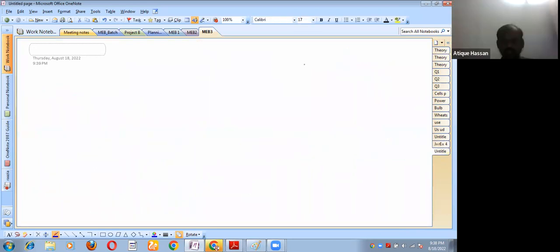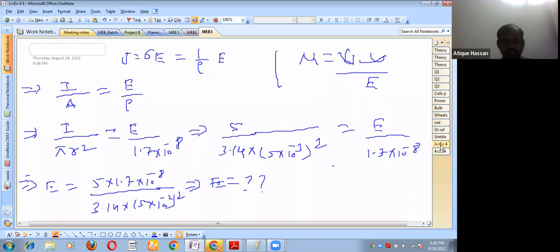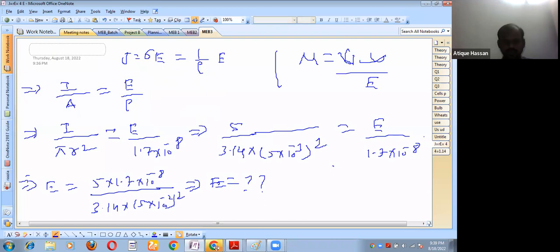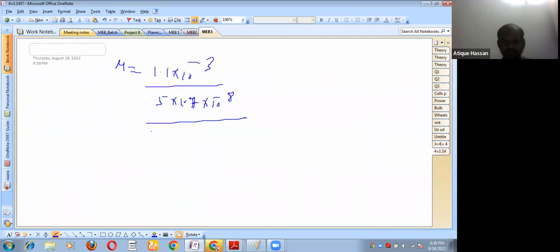Now we'll put the values. Vd is given 1.1 into 10 to the minus 3. And the electric field we have calculated as 5 into 1.7 into 10 to the minus 8, divided by 3.14 into 25 into 10 to the minus 6.